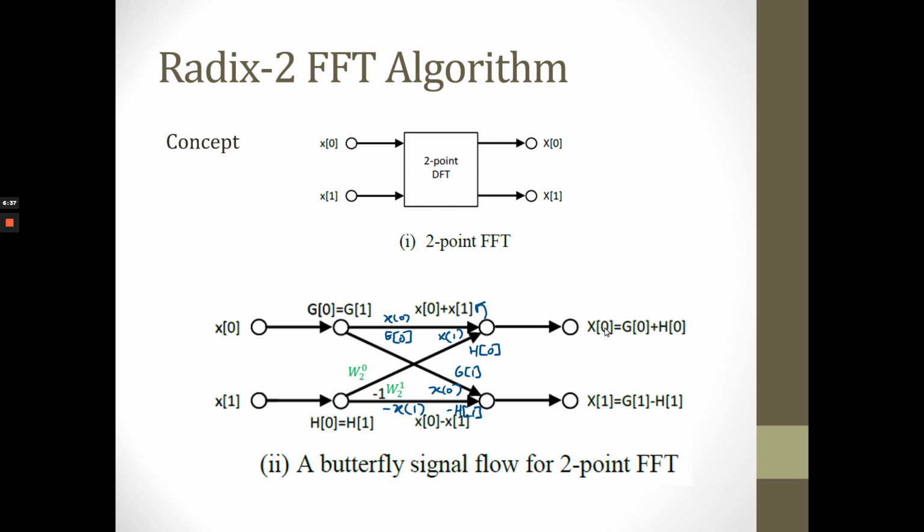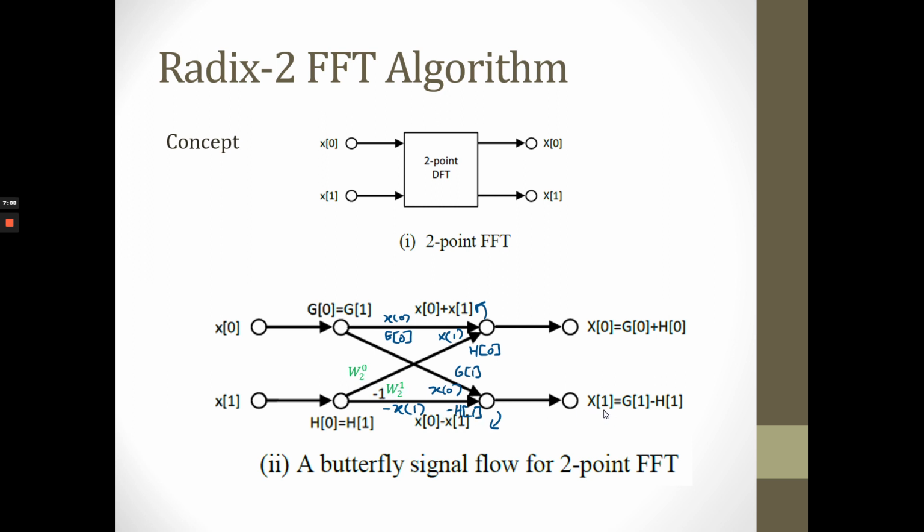So X0 is equal to g0 plus W0 multiplied with h0, so we have h0 here, since W0 is 1. And the next one, X1 equal to g1 plus W1 multiplied with h1, which is negative h1.